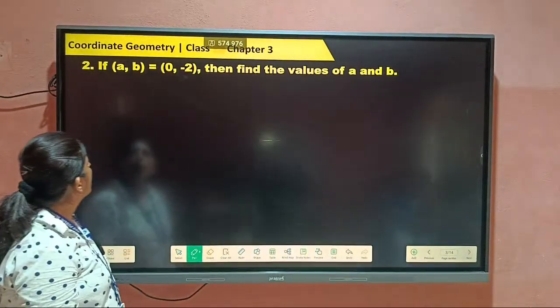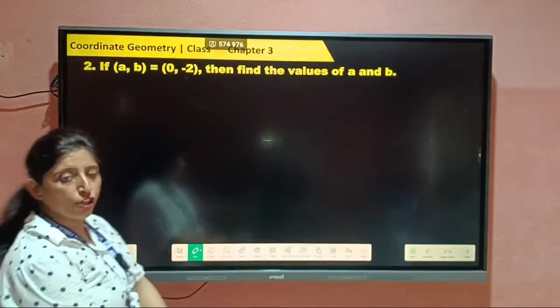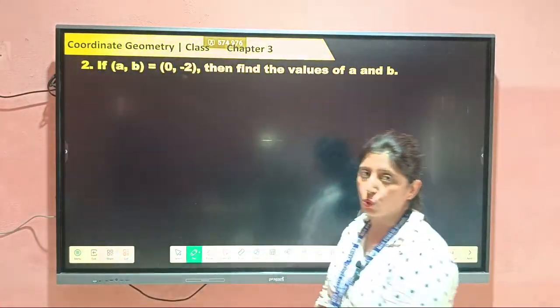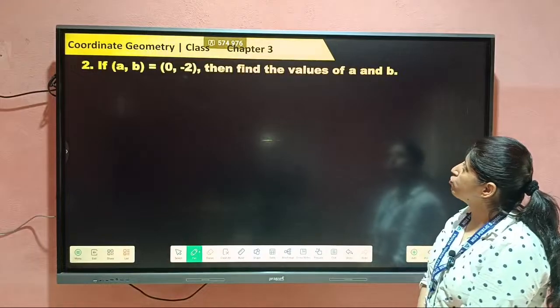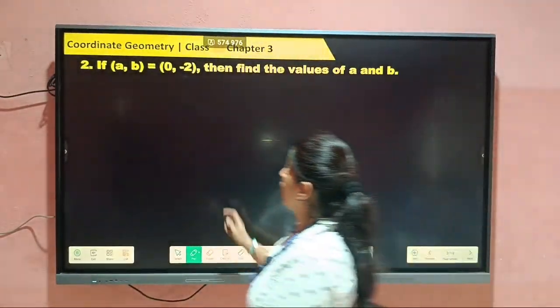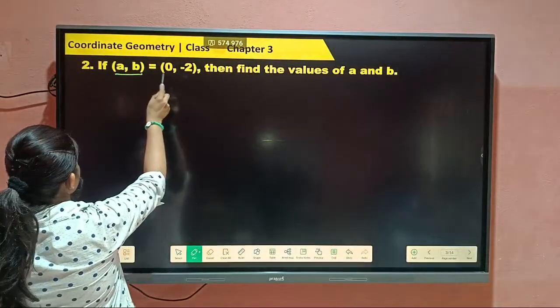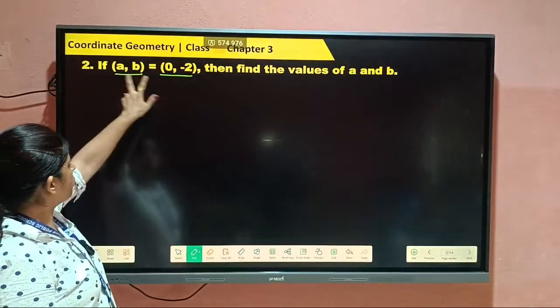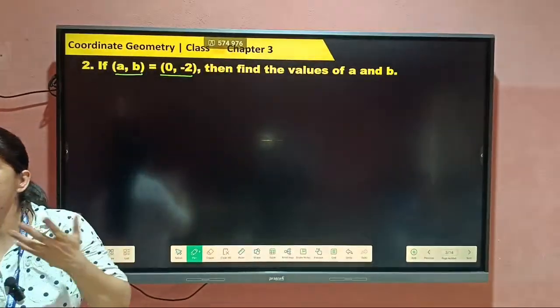If (A, B) is equal to (0, -2) is given, then the values of A and B we have to find. Look, both are equal, this (A, B) is equal to (0, -2). This is called ordered pair because it is given in pair.